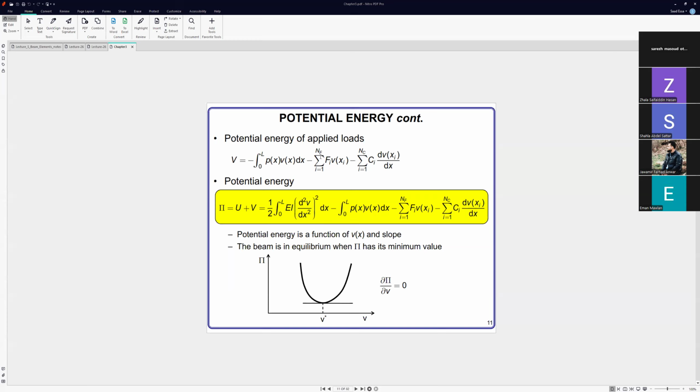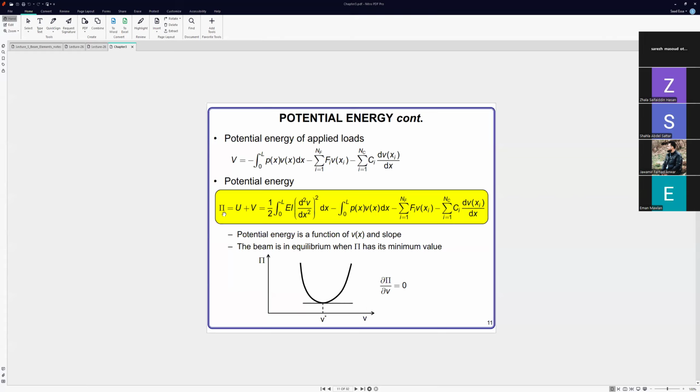Sum from 1 to the number of forces of Fi v of xi, minus sum from 1 to the number of moments of Ci dv of xi over dx. So the potential energy, the yellow one, is too important.